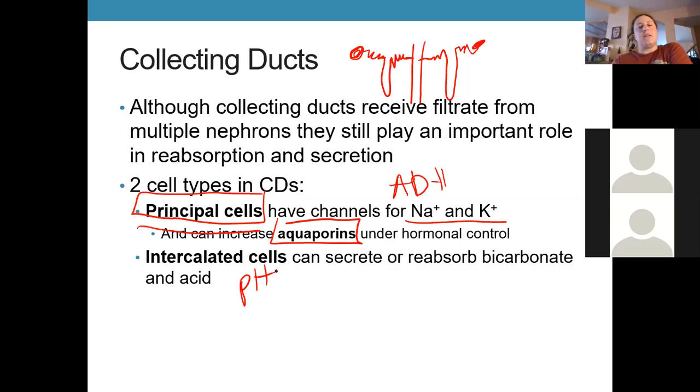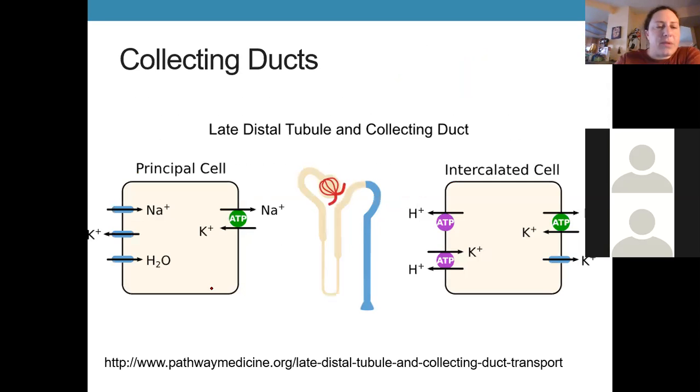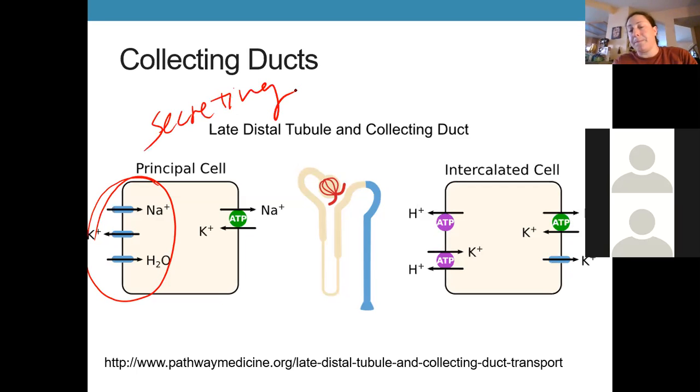So they can secrete and reabsorb bicarbonate and hydrogen ions, and control the pH of the urine. Although really what they're doing is controlling the pH of the blood. But that's the exchange. All right, so here's the principal cells. Principal cells are mostly reabsorbing sodium and water and secreting potassium in exchange for the sodium.